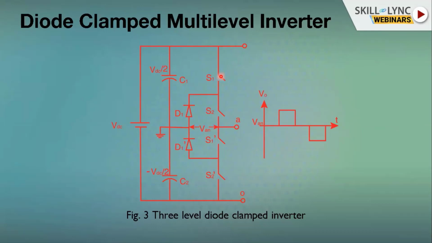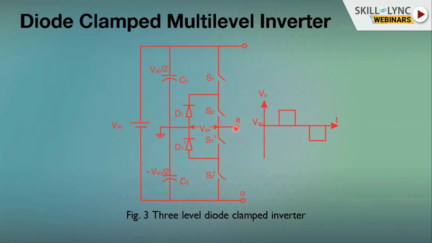GTOs no longer being used. So you have basically 4 IGBTs to get a 3-level output. So you have S1, S2, S1 dash, S2 dash, and you have these diodes D1 and D1 dash. Then we'll come to the switching table on how it works.